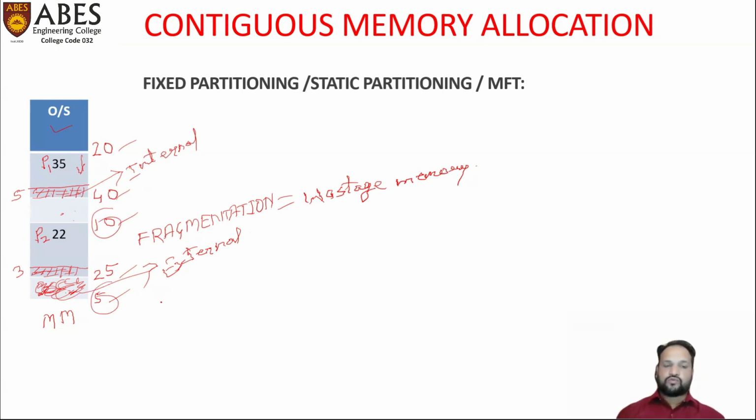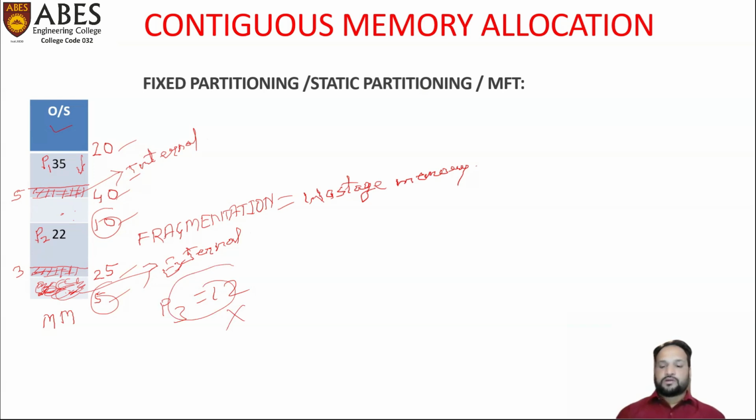And suppose there is a process P3 requiring 12 MB of memory. Even though we have 10 MB left and 5 MB left, a total of 15 MB, we are not able to accommodate 12 MB inside the RAM.